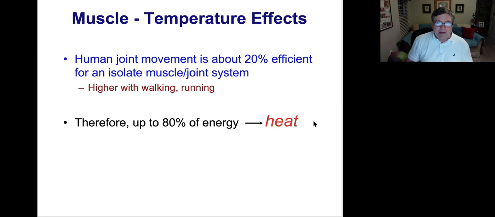So you're really looking at 75 to 80% of the energy ending up as heat. So can we do something with it? Yeah, there's some good news about that. Some heat is actually pretty important. When most people exercise, they kind of run a fever in a sense, because when you're exercising, your core temperature is not 98.6. It's actually considerably higher, about 101 to 102 degrees, especially if you're exercising vigorously.